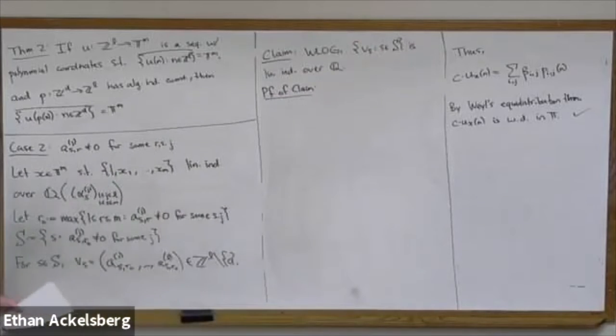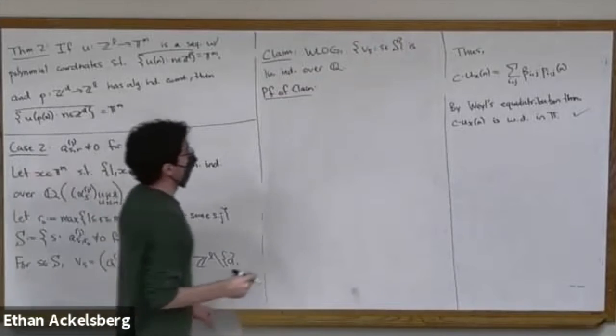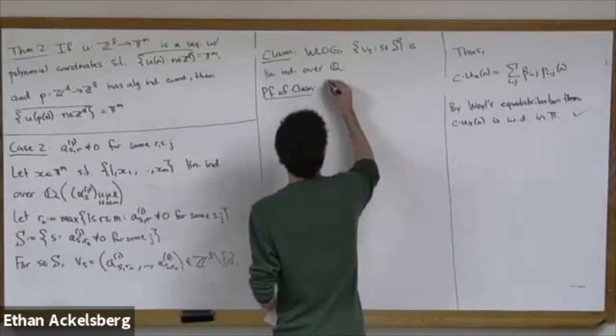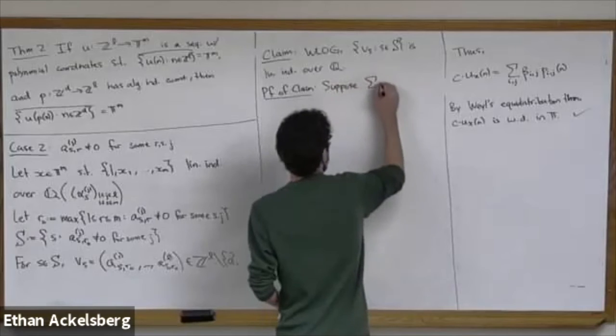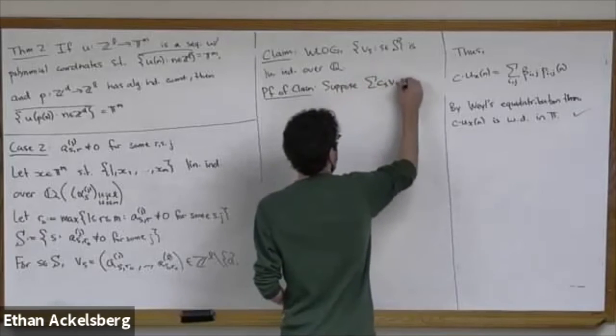So this is actually really the key to this result. So let's suppose that we had a combination that is equal to 0.